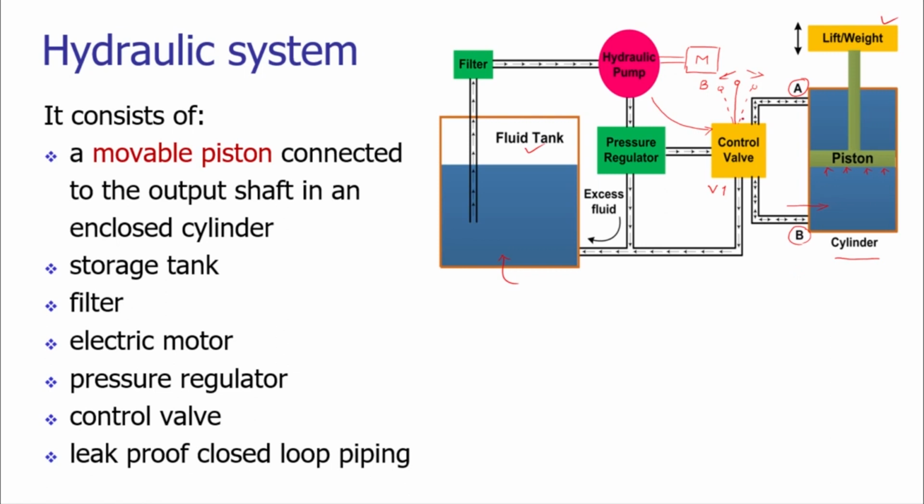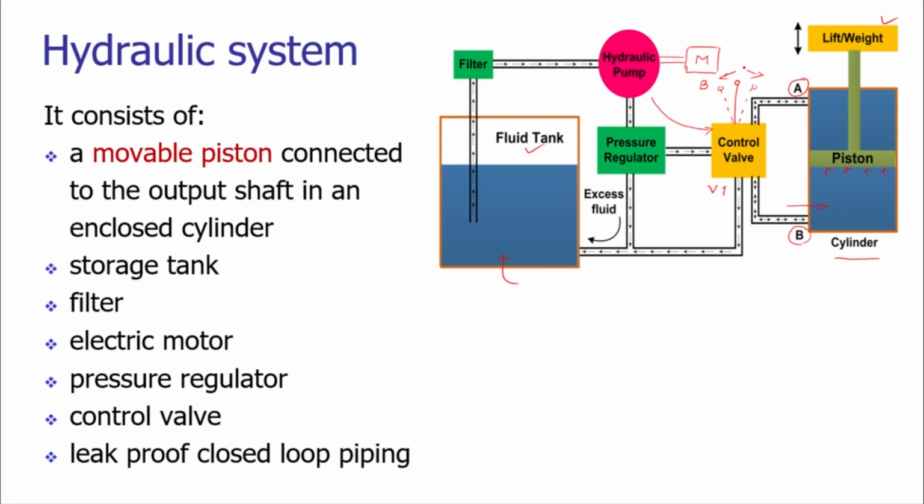If we are at the central position, the normal position, the system pressure will increase because continuous pressurized fluid is flowing inside the system due to the continuous operation of the hydraulic pump. That increase in pressure will definitely harm the system.